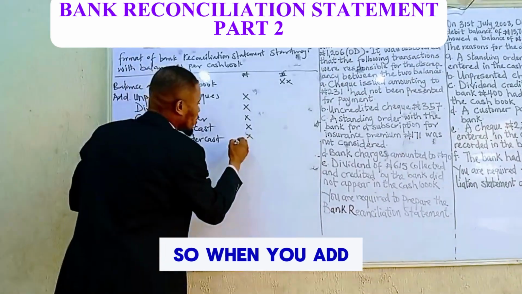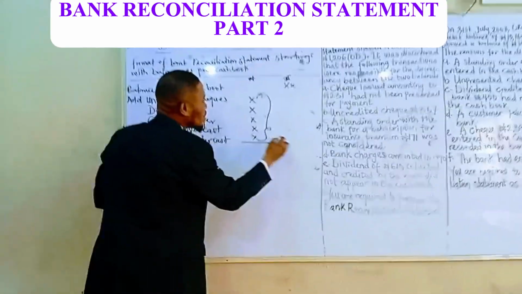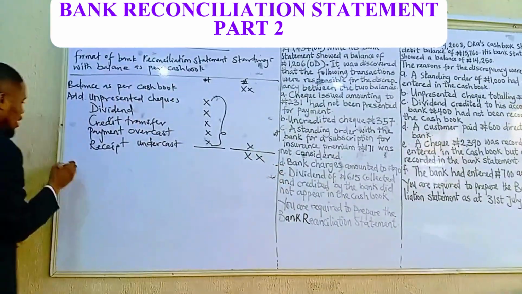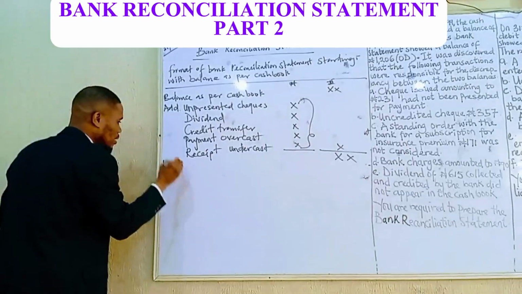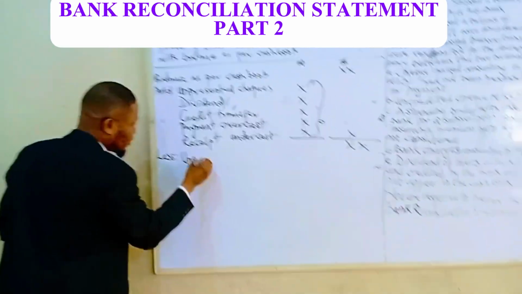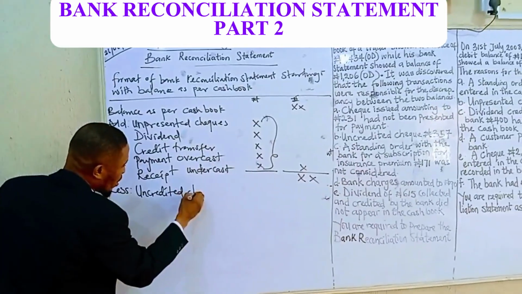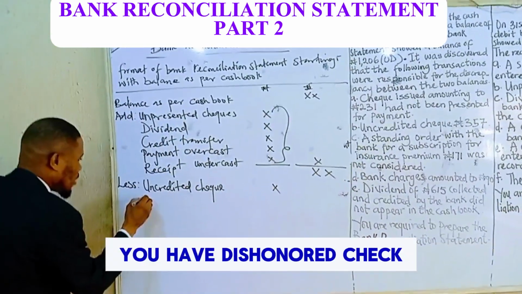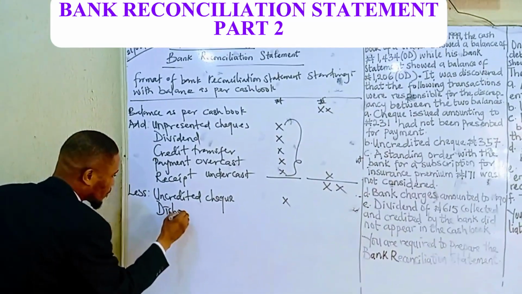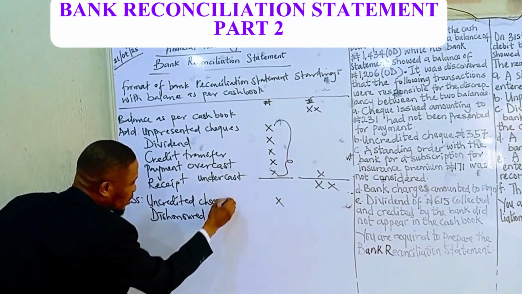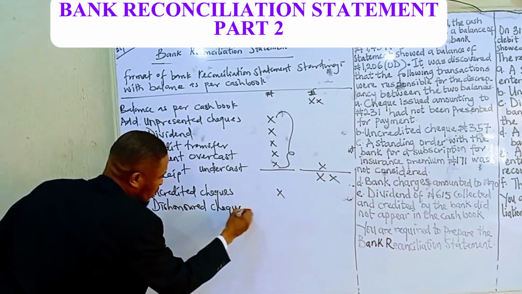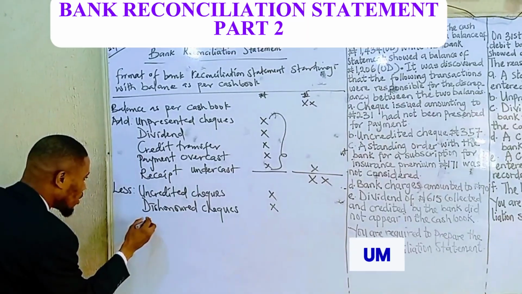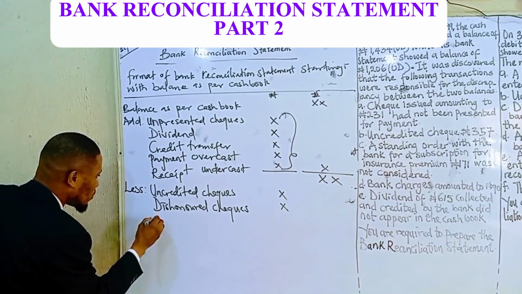So when you add all these, the addition of all these brings the final answer here, you get the value. Then the less: uncredited check. You have dishonored checks.